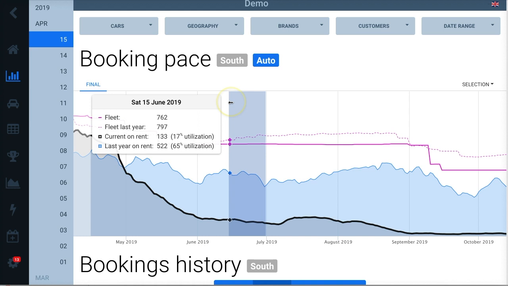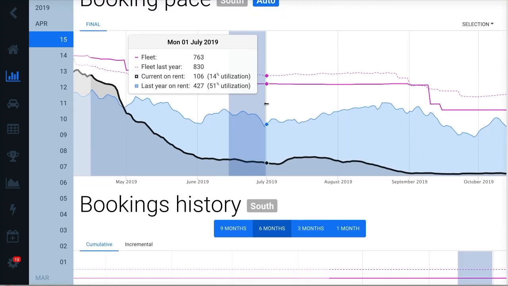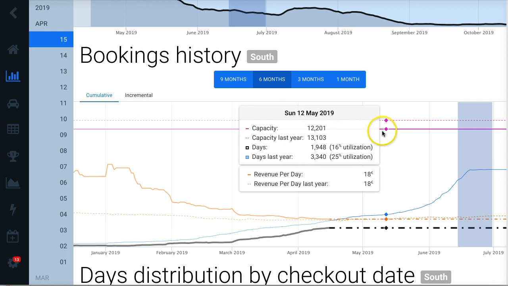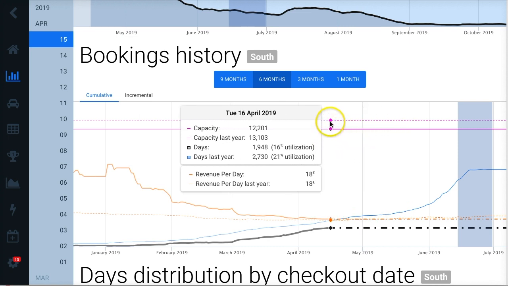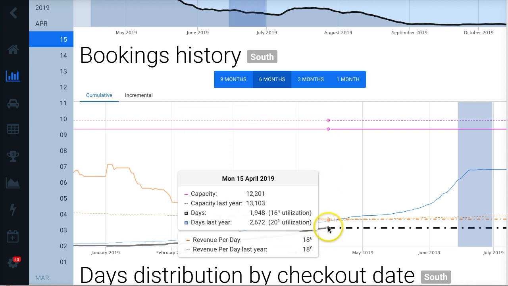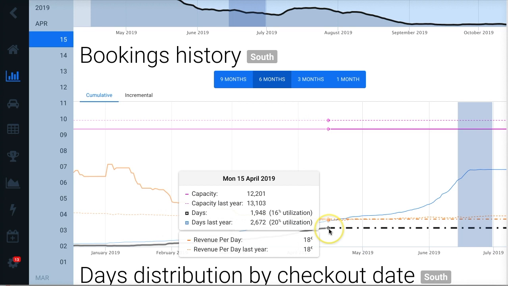We can check that the selection is 15th of June till the 1st of July. Below, the booking history has been computed instantly. We have the current fleet, the last year fleet, the current level of bookings in black, you know this color.